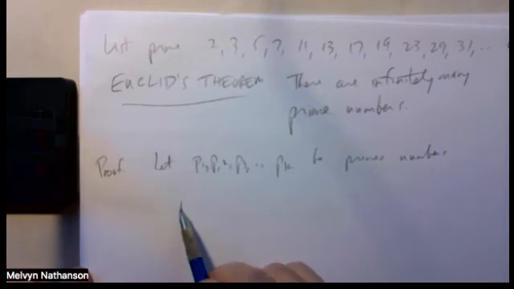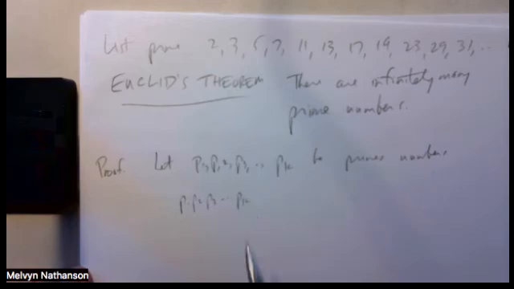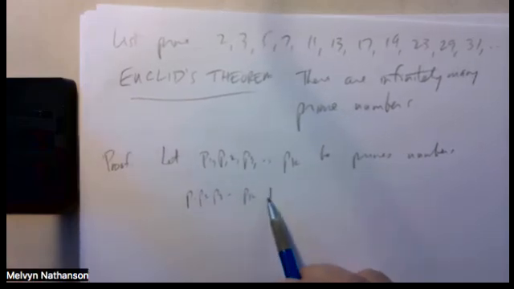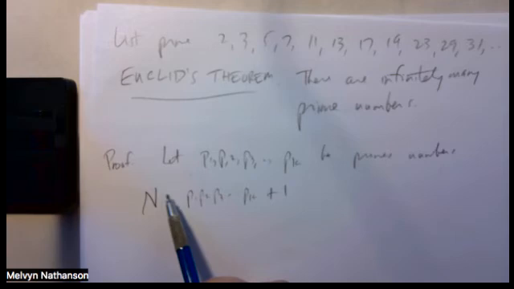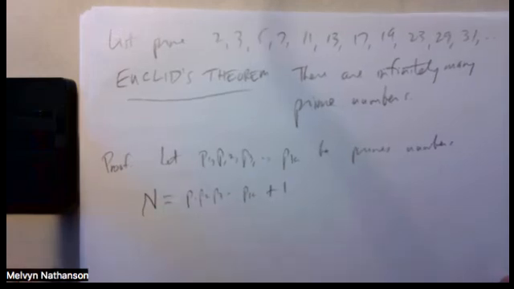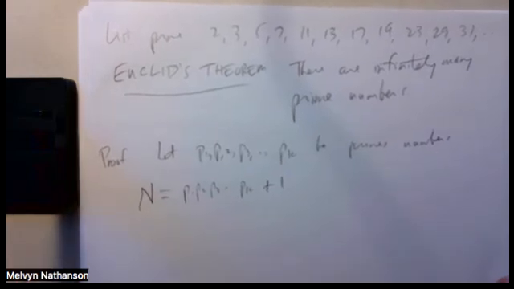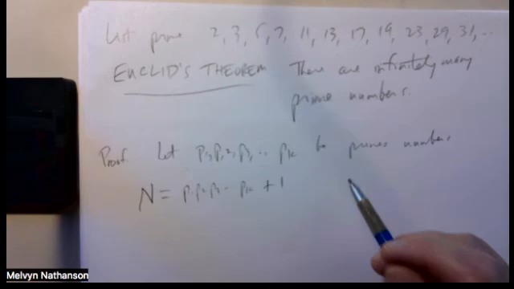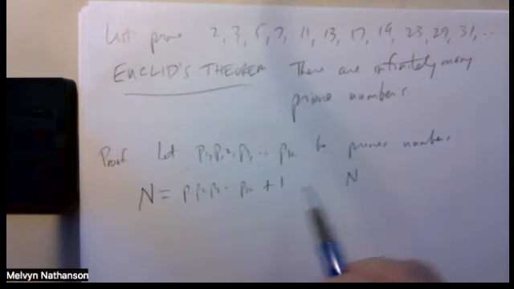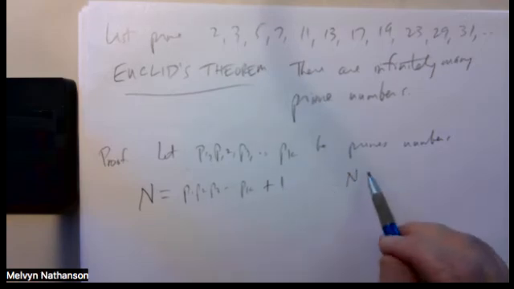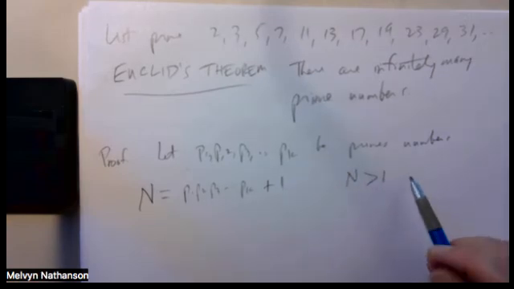Multiply them together, P1 times P2 times P3 up to P sub k. So multiply them all together and add 1. And call that number n. Right? So what can I say about n? First of all, 1 plus something positive, so n is bigger than 1.